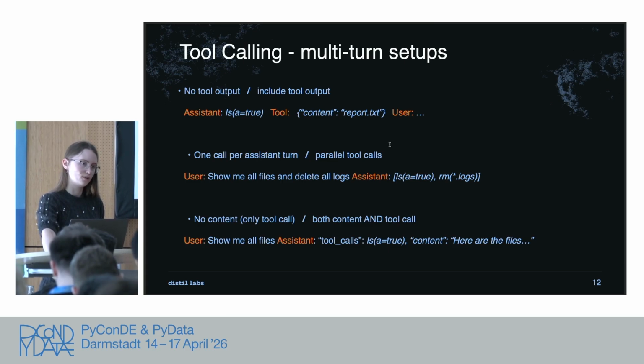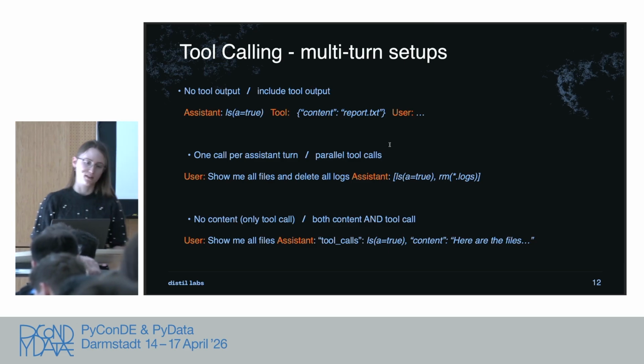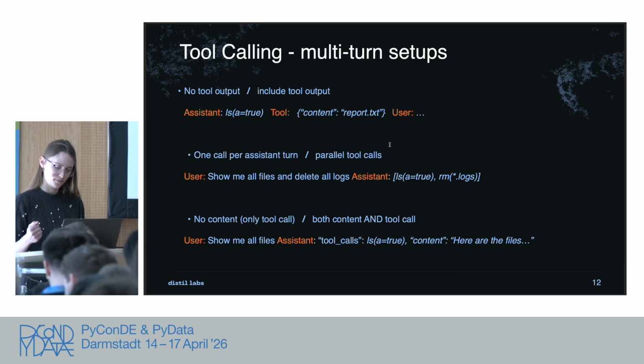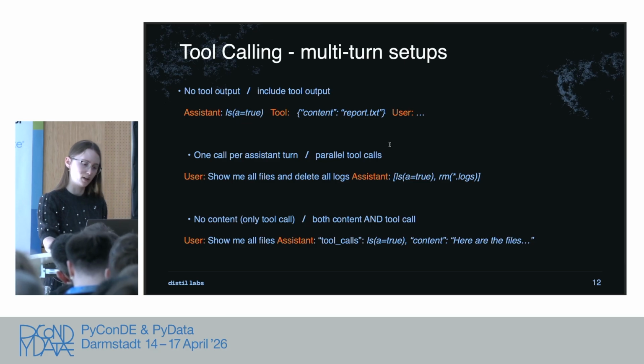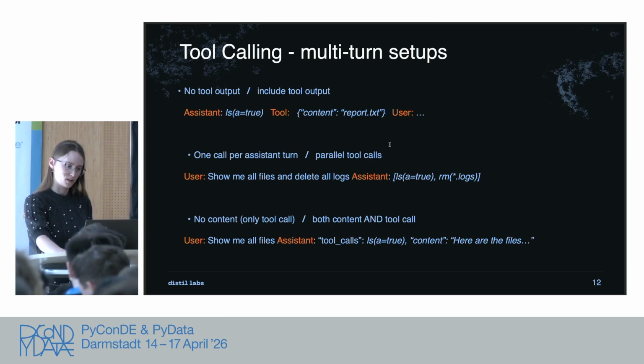So not only will it make the tool call, but it will also summarize it somehow or aggregate multiple tool calls into one content. So it can get quite complex. I will try to have a simple use case so that we know how to train for the simplest use case, and then at the end we can talk about how it gets more complex with those cases.